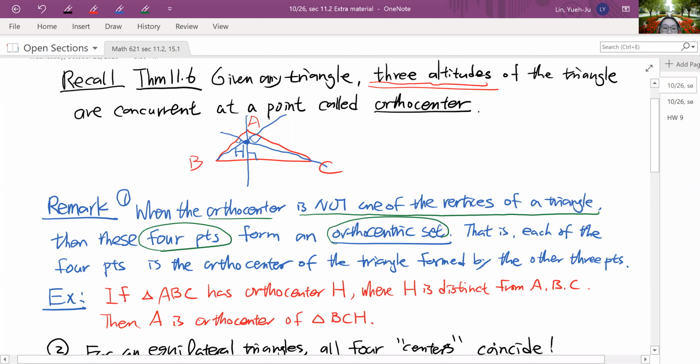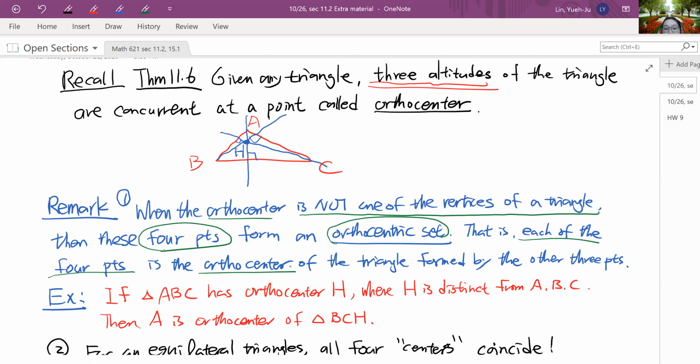So what's special about these 4 distinct points? It turns out that each of the 4 points becomes the orthocenter of the triangle formed by the other 3. So it's actually quite special, right? This is not so obvious at all to see. The proof is not that hard, but in the first place, you would not know about it, even just looking at it, right?